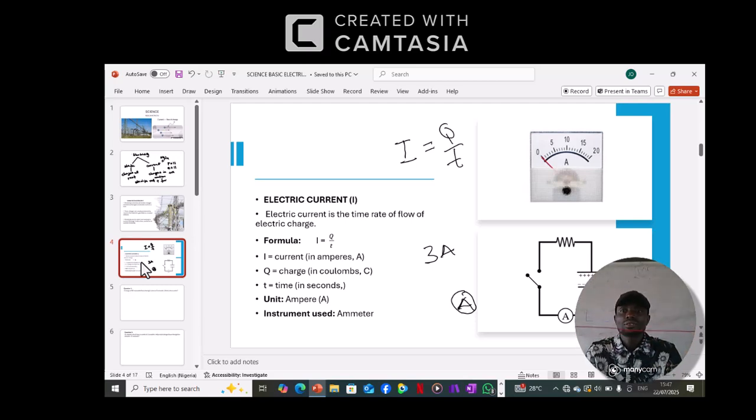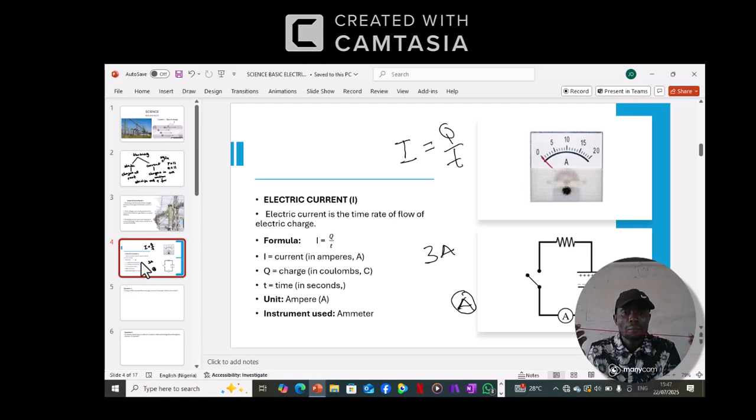The quantity of charges, or electrons, is also known as charges. So they flow. When there is a flow through the conductor, then we call it current. You understand? So the flow is current.